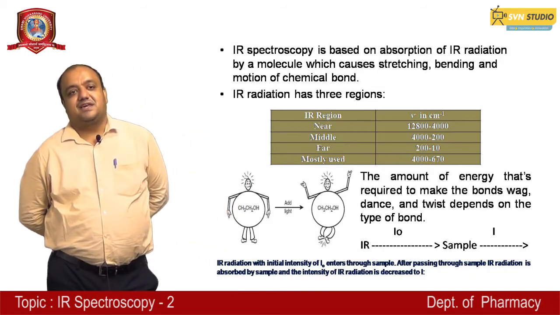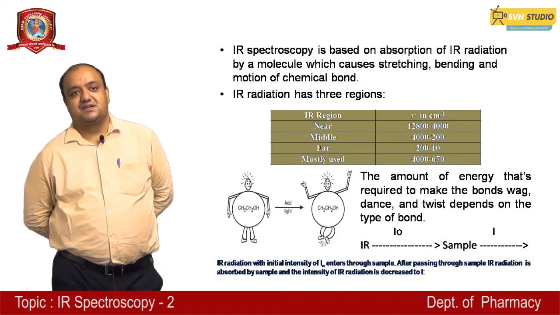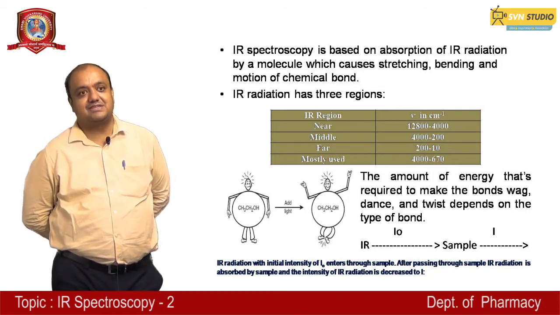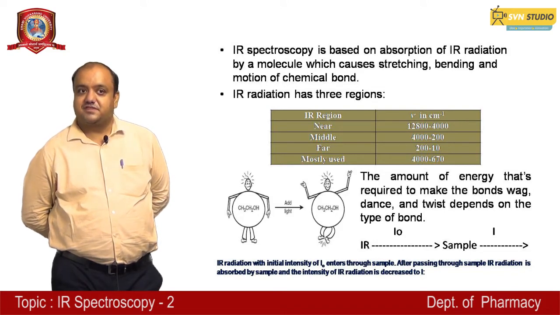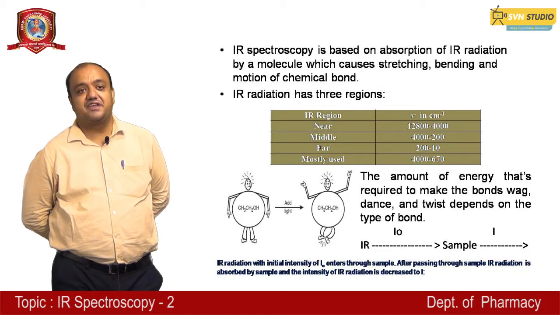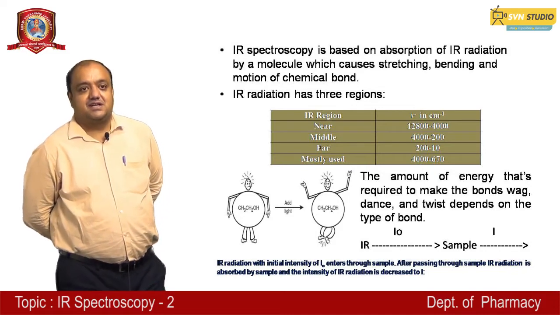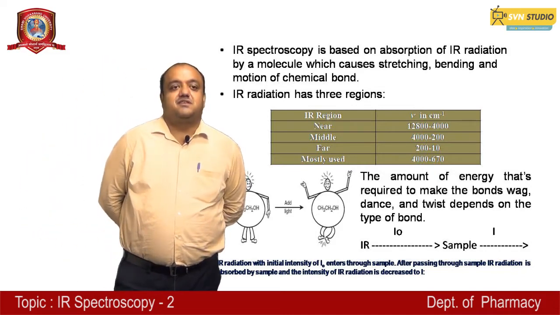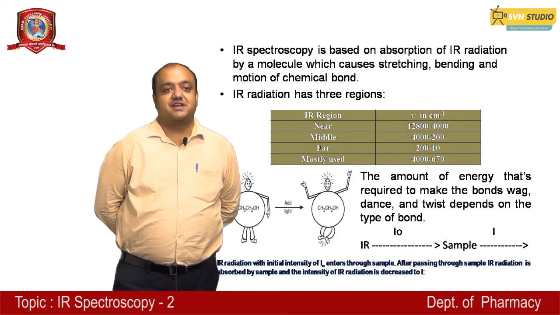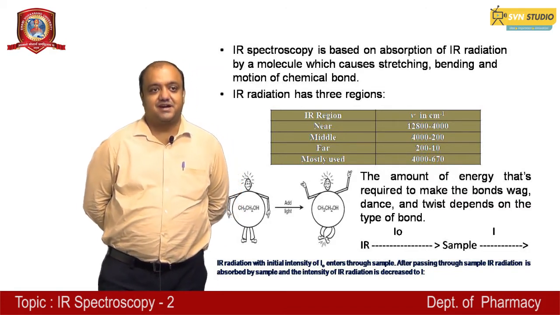IR radiation has three regions, which I already explained in previous lectures. The IR region is divided into three parts. One is near IR, in which absorptions are from 12,800 cm⁻¹ to 4,000 cm⁻¹.